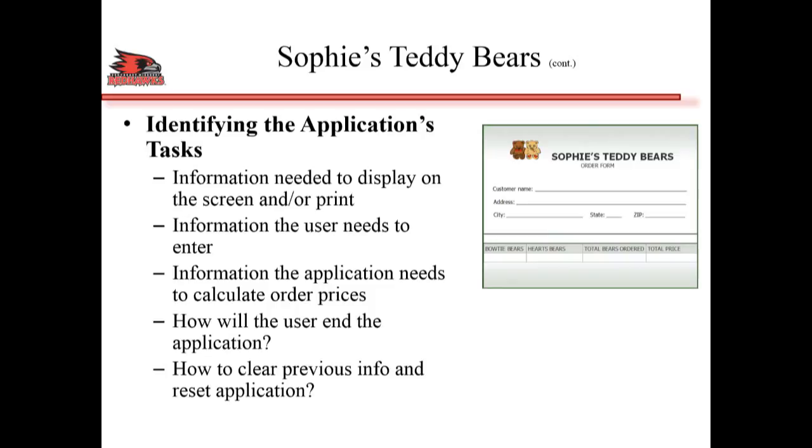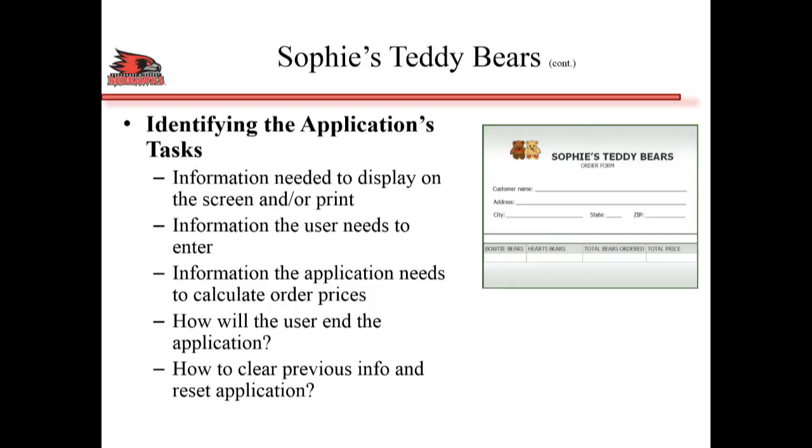Looking at the form, we can see we need customer name, address, city, state, and we need information of how many of each type, and then from that we can get the total amount, and from the amount of orders we can calculate the total price.